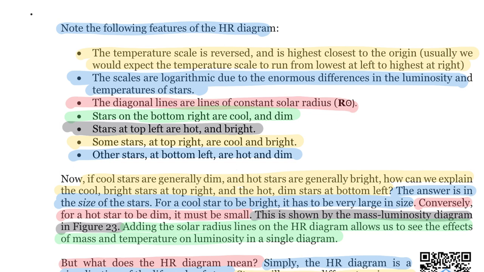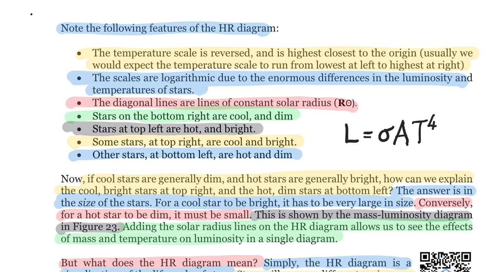Now, conversely, for a hot star to be dim, it must be small. So if you've got a very high T, and I can maybe write it here, so we've got L, luminosity, equals the Stefan-Boltzmann constant, multiplied by the surface area of the star, multiplied by the surface temperature of the star to the power 4.